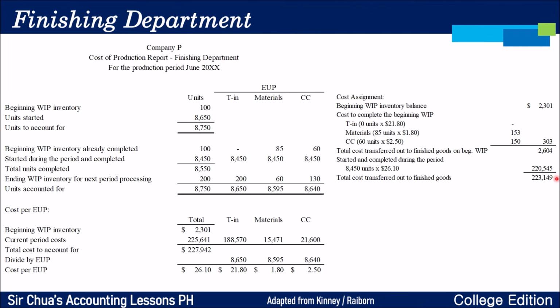So, if you will be asked in the problem how much is the total completed goods in the finishing department that was transferred to finished goods inventory, yan po yung cost ng lahat ng natapos, 223,149. And then the usual thing that we do, ganun din po, mag-a-assign tayo ng cost sa ending work in process.